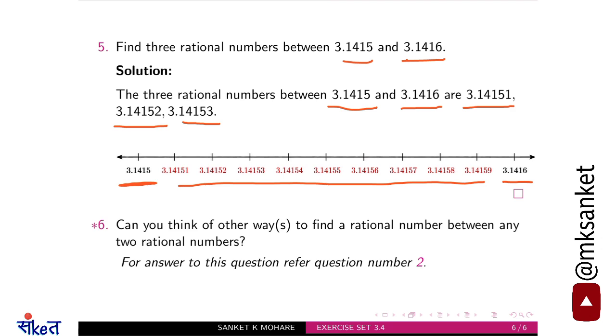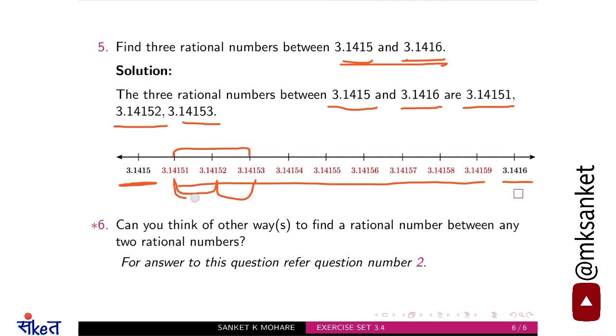So we have to choose any three among them. So the first three we took here: 3.14151, 3.14152, 3.14153. These are the three rational numbers between 3.1415 and 3.1416. Now one can find a rational number between these two numbers, or any two numbers.